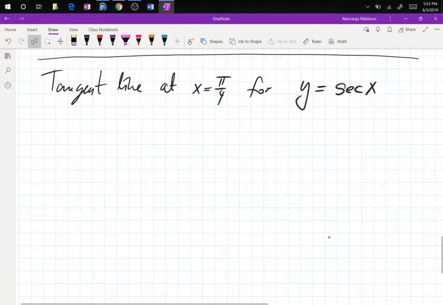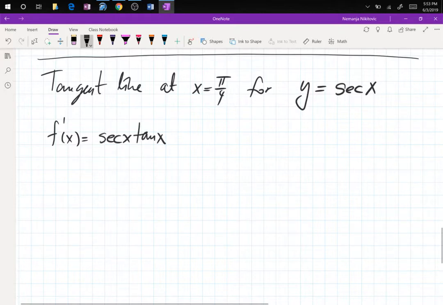Okay. Ready? Yes? So for the tangent line, as we talked about earlier, we find the derivative of the function. What's the derivative of secant x? Secant x times tan x.